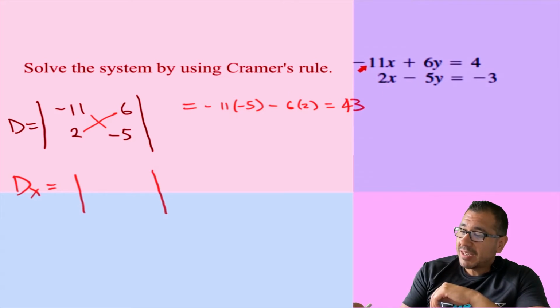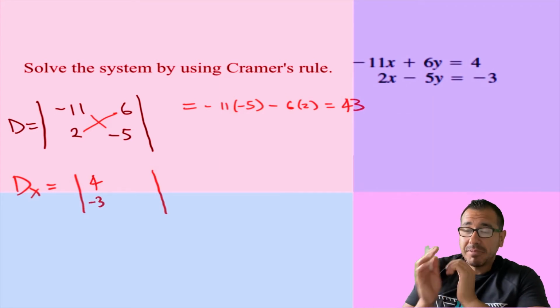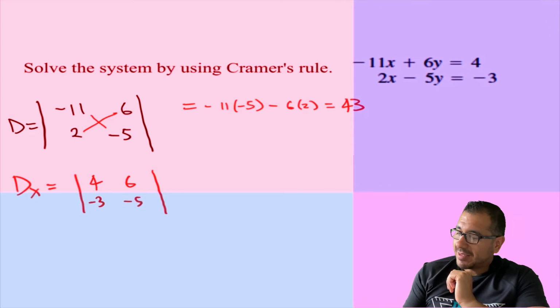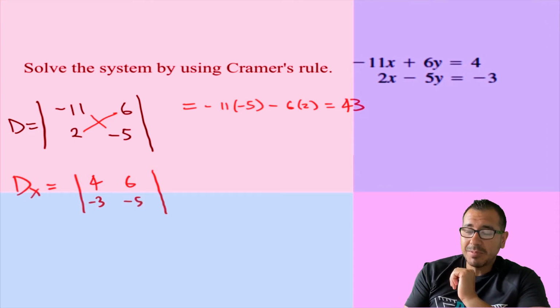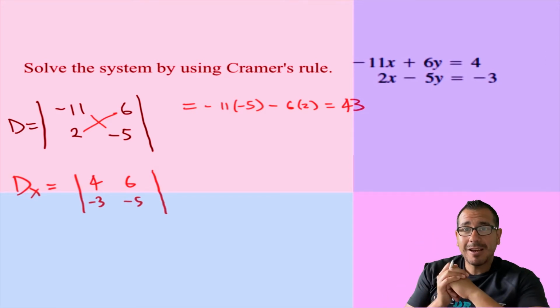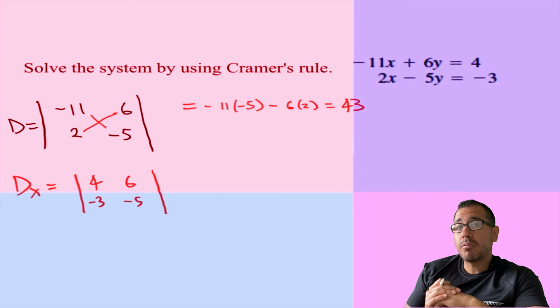So instead of writing -11, 2 like we did above, those are now replaced with that 4 and that -3. And nothing happens to the y values. The way I like to think about it is this subscript of x tells me which column I'm going to replace. That's a fun little pro tip for you. Write that down. This is money.